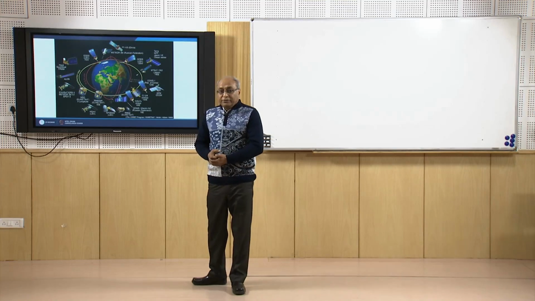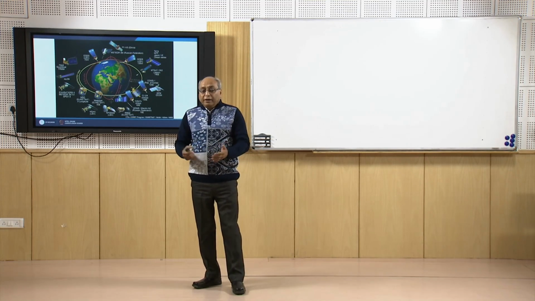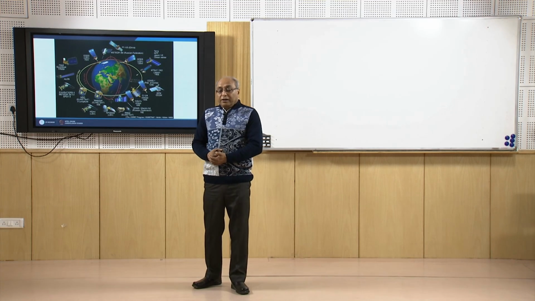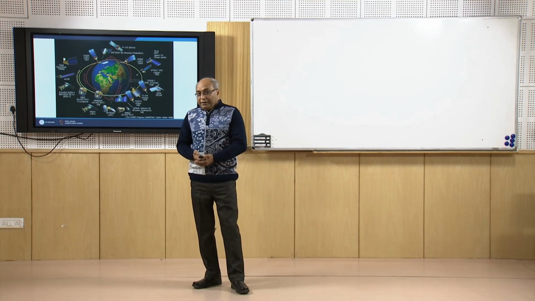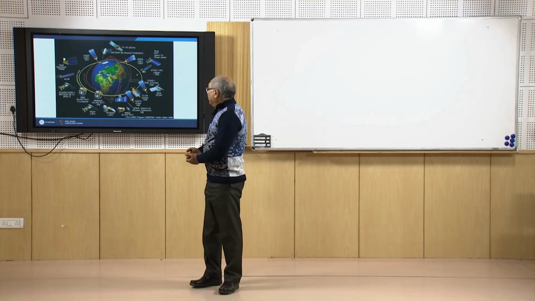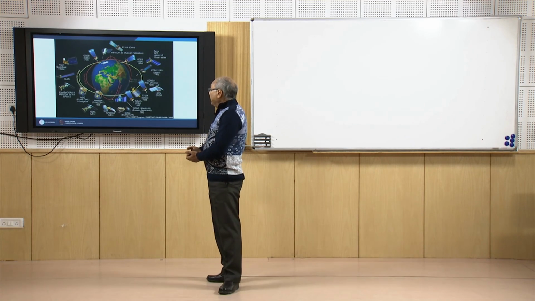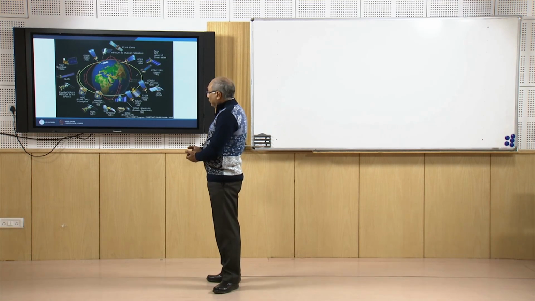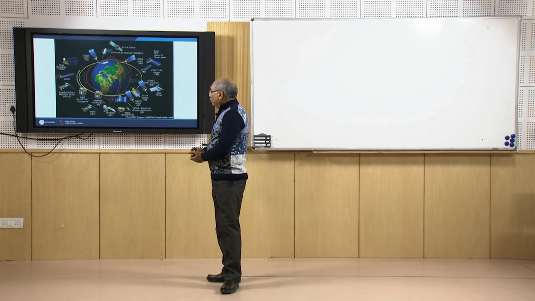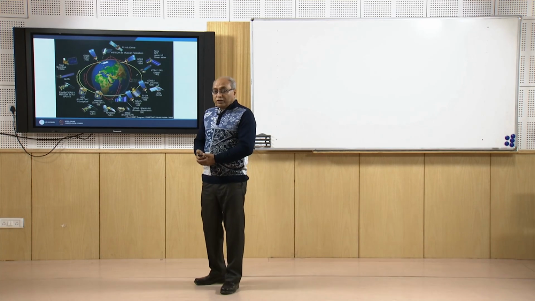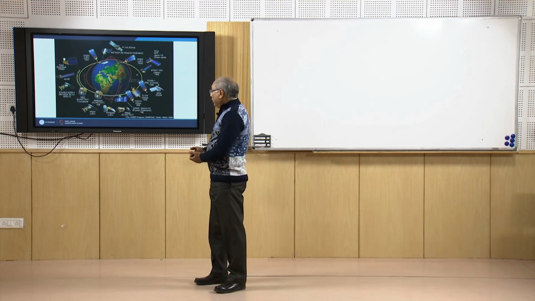First of all, as we have already discussed, various types of orbits exist, and that is why the whole space near Earth is cluttered with several satellites. But the two main orbits which we would like to focus on, which are useful from a remote sensing point of view, one is the sun synchronous or near polar or polar orbiting.